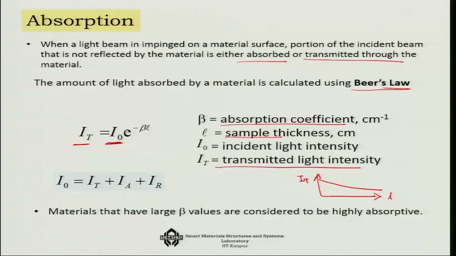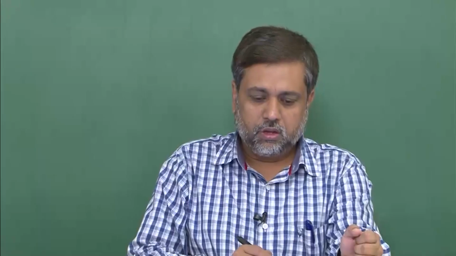So, that is about the light which is absorbed in the system, that is the IT part of it. Now, materials that have large beta values are considered to be highly absorptive because they are taking most of the light energy inside the system.